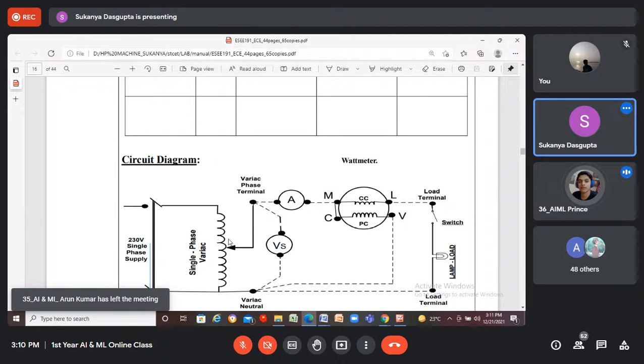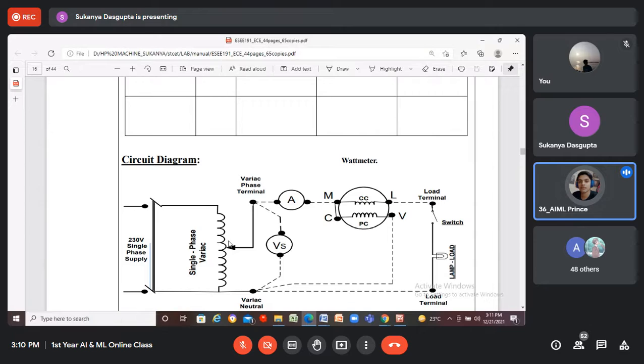Ma'am, we have used a rheostat, and the Variac, both are same? No. Rheostat means variable resistance. Because these two have the same symbol, a coil symbol. Yes, the symbols are same, but this is the symbol of a coil.